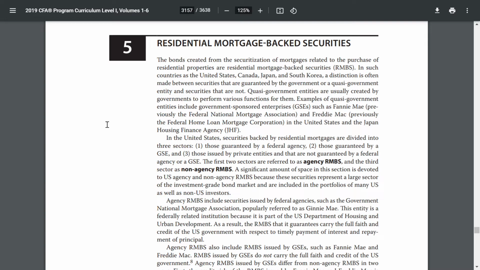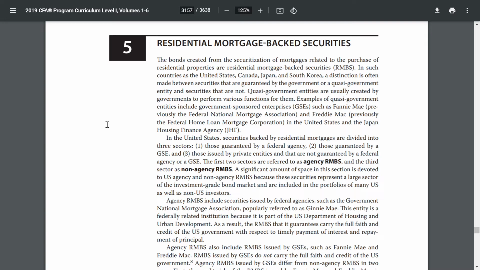Quasi-government entities are usually created by governments to perform various functions for them. Examples include government-sponsored enterprises, GSEs, such as Fannie Mae, the Federal National Mortgage Association, and Freddie Mac in the U.S., and housing finance agencies in Japan.